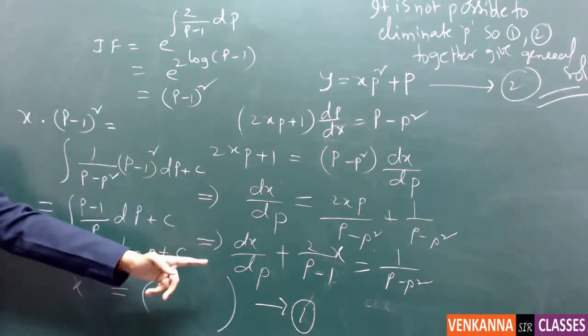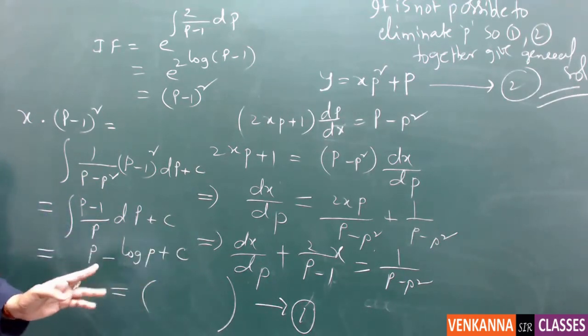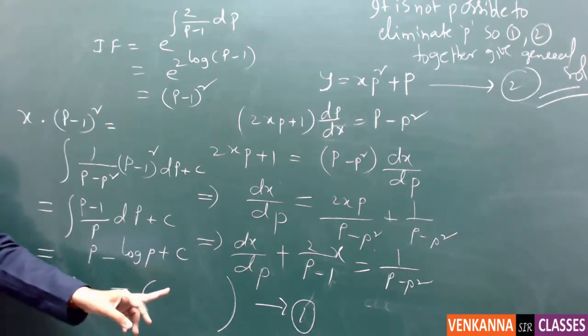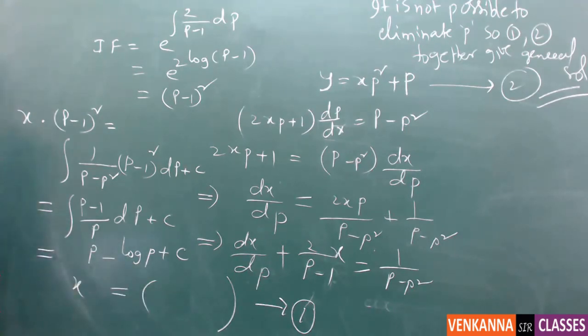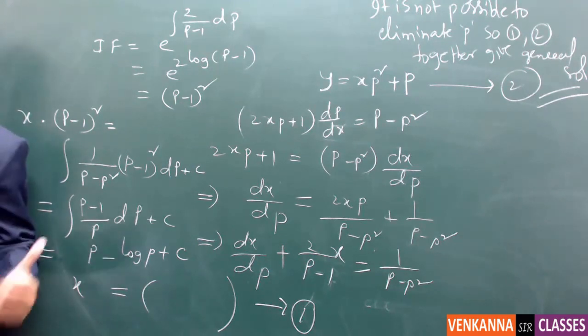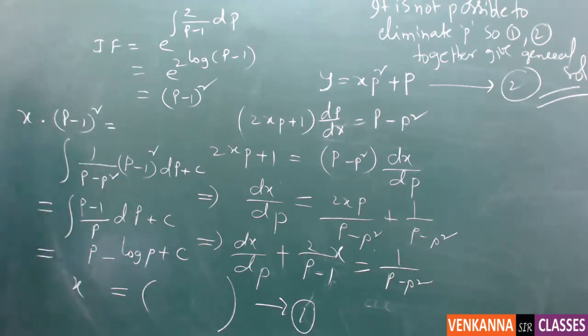You are going to solve it using the techniques of linear differential equation, and you are going to get a solution of x in terms of p completely. That x value will be substituted in the given equation, and y will be converted in terms of p completely. So in other words, you are writing x and y in parametric form. If you talk of coordinate geometry, x is equal to something, y is equal to something, and that is called the general solution of the given system. Okay?